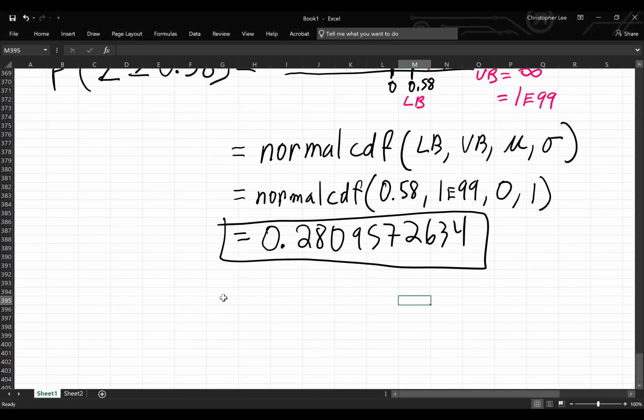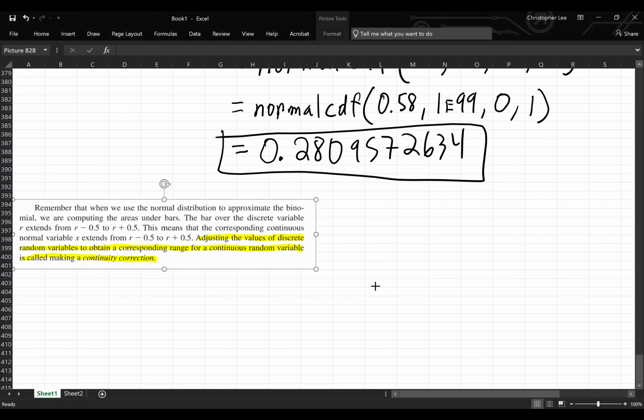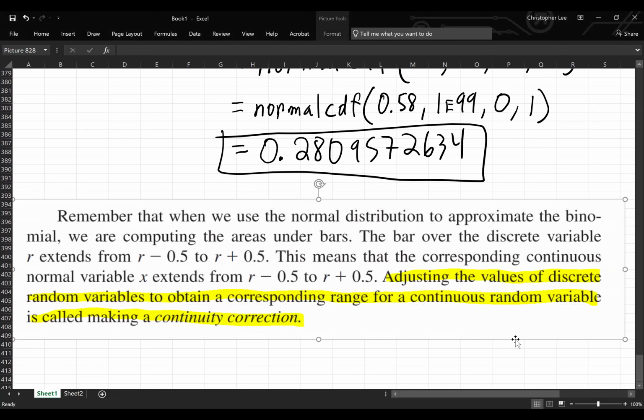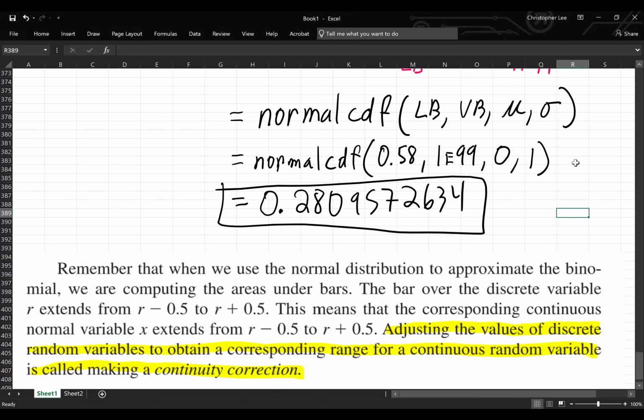So let's keep going. So remember that when we use the normal distribution to approximate the binomial, we are computing the areas under the bars. The bar over the discrete variable r extends from r minus 0.5 to r plus 0.5.